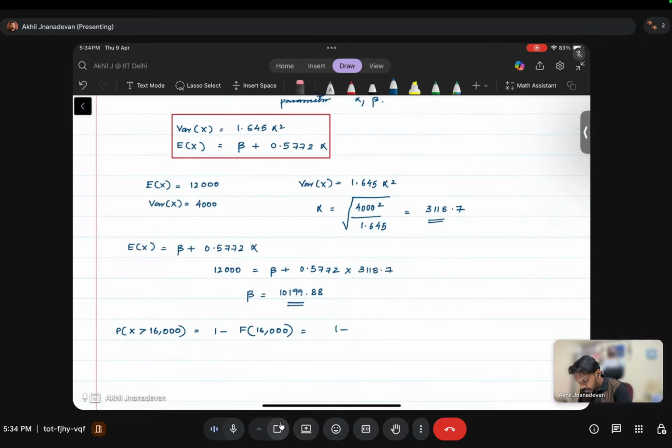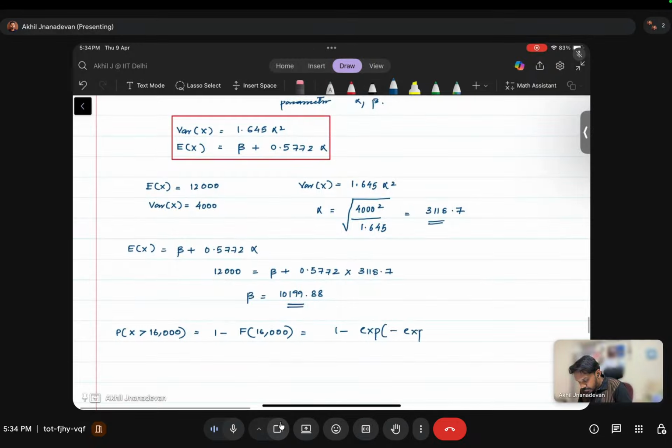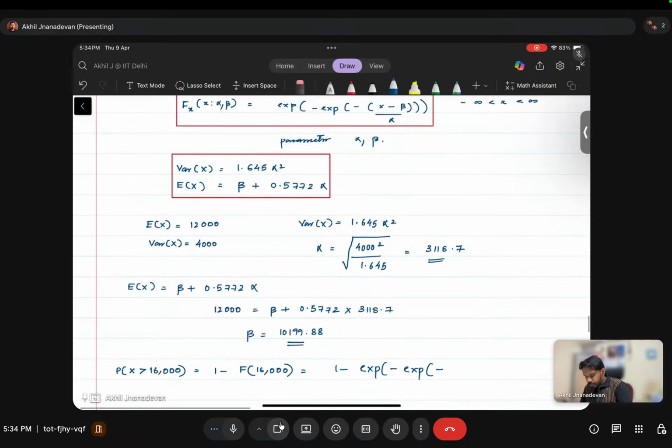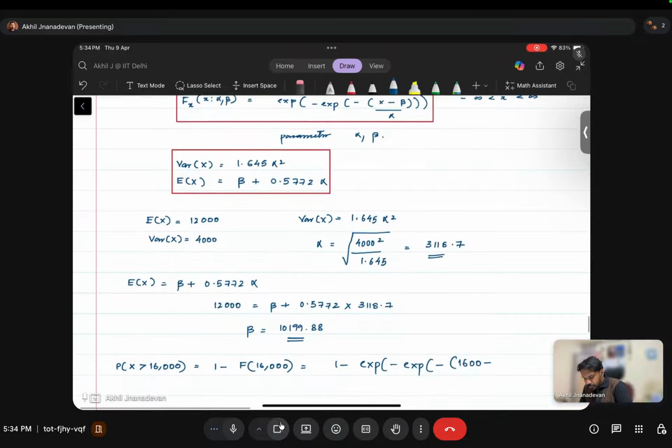That is 1 minus exponential of minus exponential of minus (16,000 minus beta, 10199.88) divided by alpha, 3118.7.